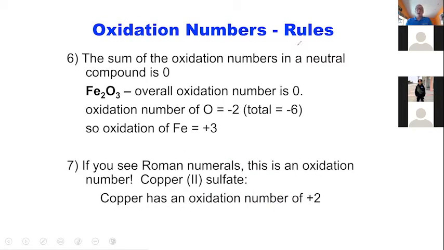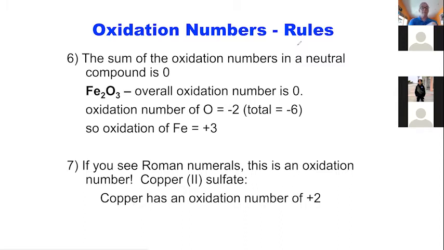So the sum of all the oxidation numbers in a neutral compound is going to be 0, right? Just like an ion, we add up all the oxidation numbers and it comes out to the charge. Well, a neutral compound has a total charge of nothing. And so the total oxidation number has to be 0 when you add them all together.